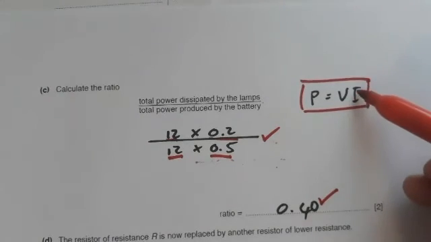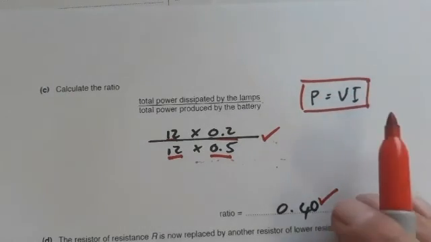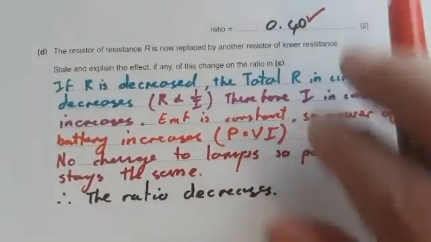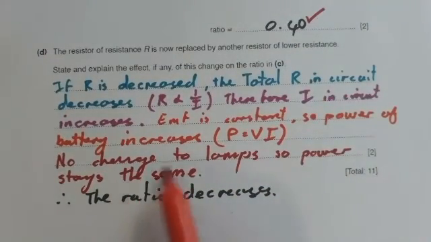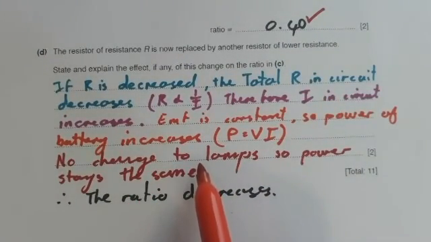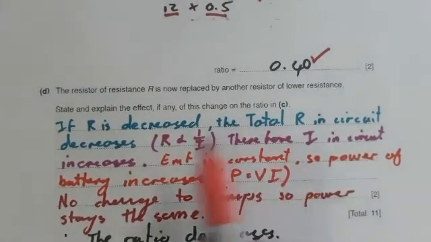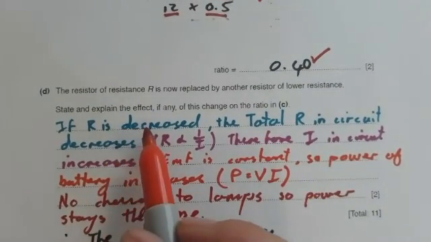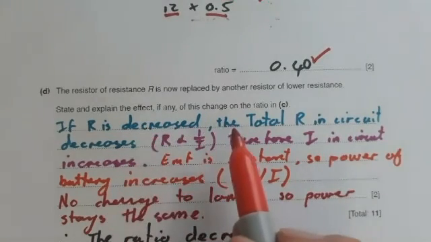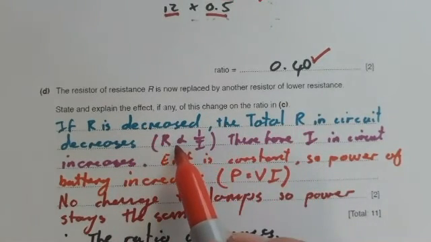And we're going to work with this relationship, the VI. Is there anything that changes with my lamps? No. The EMF stays the same, so the power stays the same, right? There's nothing changed with the EMF, there's nothing changed with the power. But if we look at R and we decrease its resistance, we are decreasing the total resistance in my circuit.